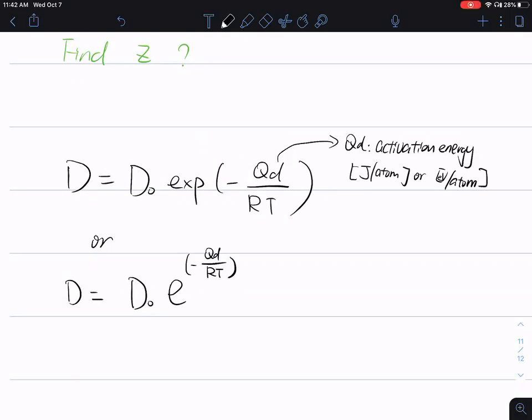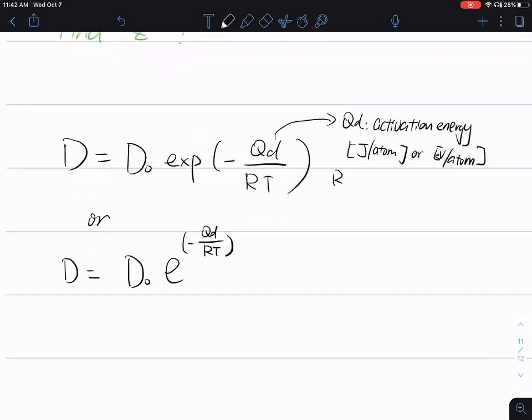So it's energy. R here is a gas constant. The value is a constant. So it's either 8.31 joule per mole Kelvin, or you can write that in a different unit, 8.62 times 10 to the negative 5 electron volt per atom Kelvin.